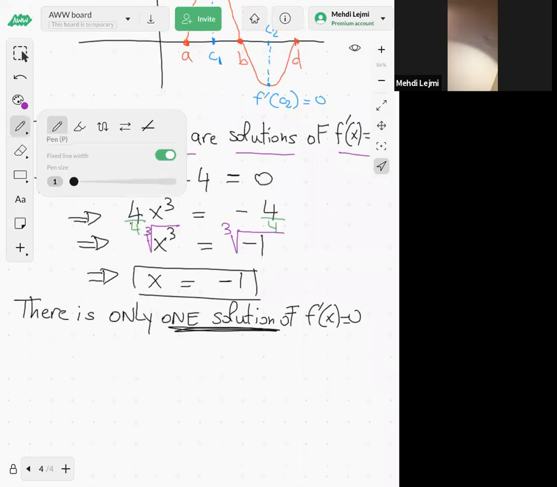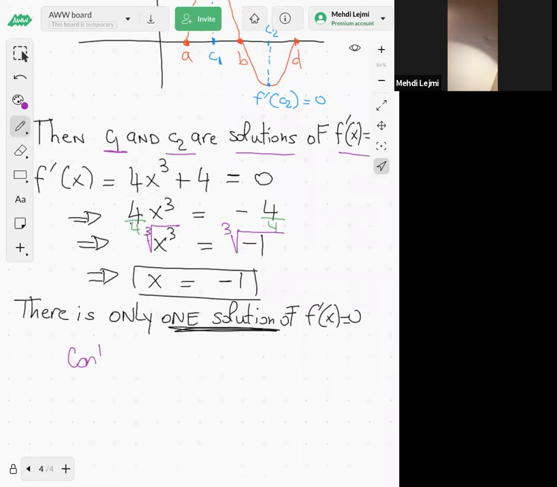So my hypothesis is wrong. My hypothesis was that I had 3 different solutions, and that's impossible.